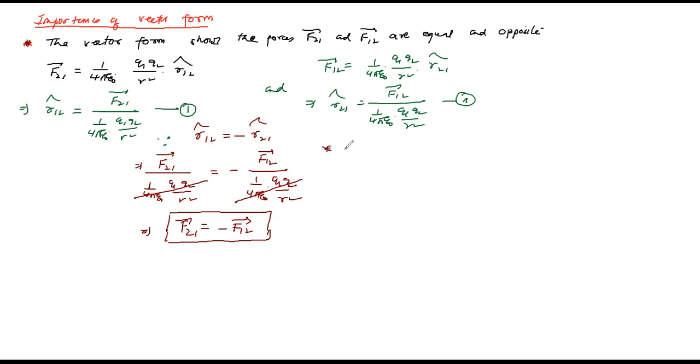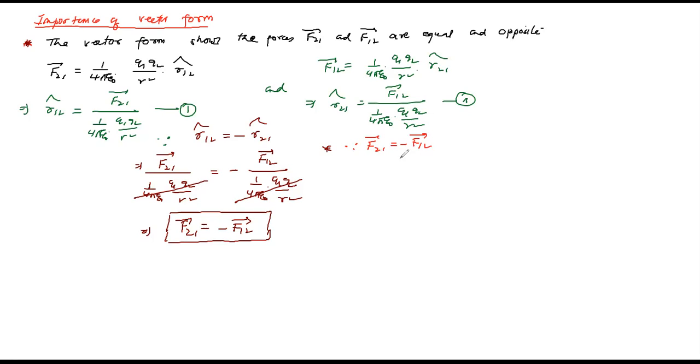Let me tell you that one also. As you can see, F21 is minus F12. What does it mean? It means the two forces are acting along the same line.